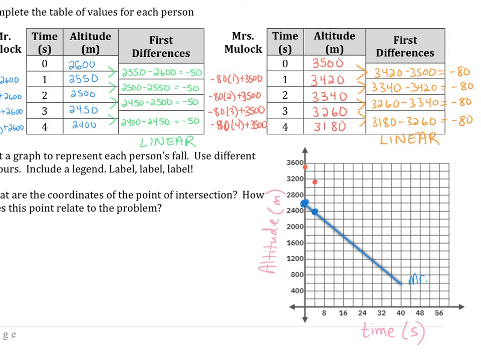So we don't need to plot all of the points in between because it would be pretty challenging to do so. But that's the whole advantage of knowing that it's linear, because since they're all going to be on the straight line anyway, then you only really need to draw 2 points. So that is going to look something like this. And we'll label that as Mrs. Mulock.